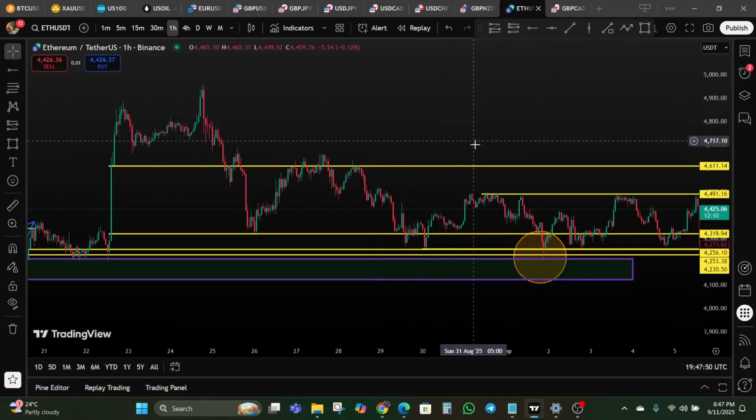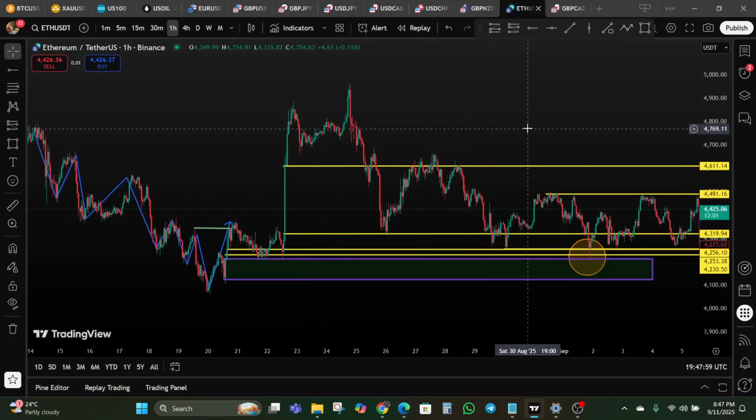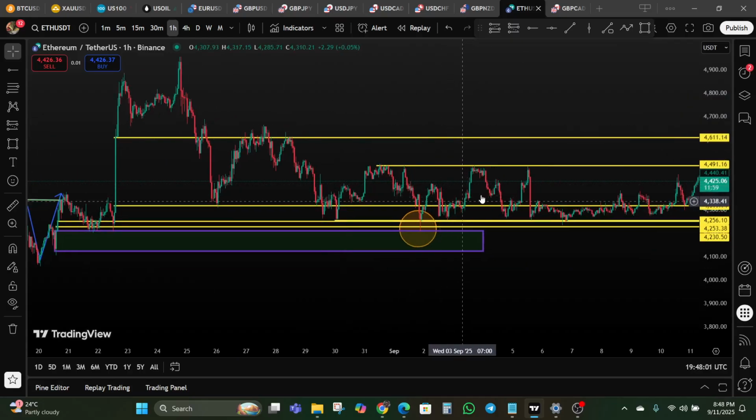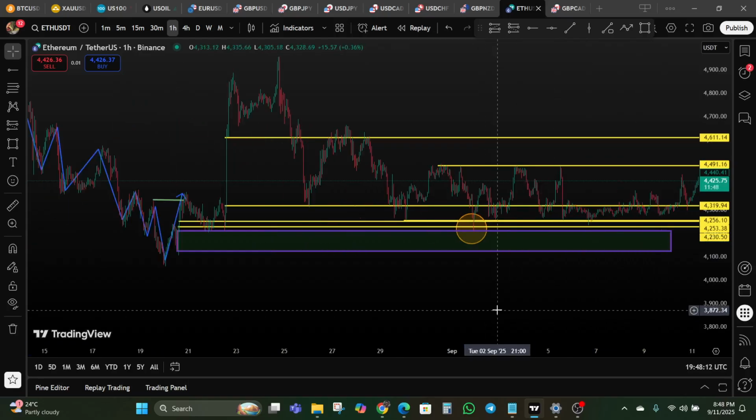So there is usually an inefficiency left behind whenever price moves aggressively in one direction. Price usually returns to fill these imbalances, and when they align with liquidity and other blocks, they form high probability areas of interest.